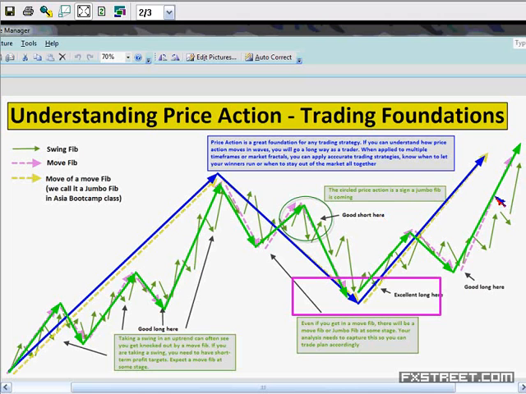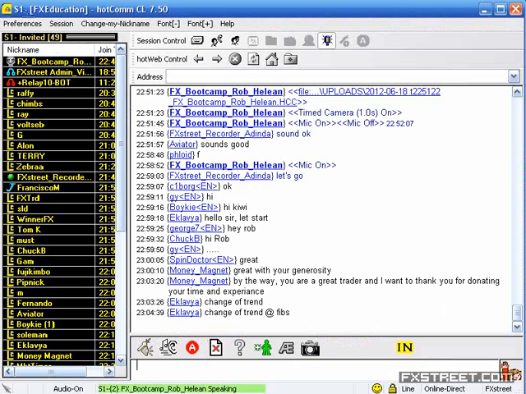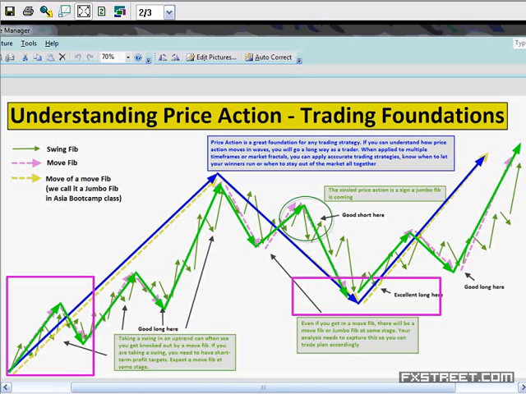Okay, so that being said, on a 4-hour swing, which we'll just highlight, this first one down here in the bottom left-hand corner, which I've now highlighted in green, what's a 15-minute going to do in the context of a 4-hour swing? It's going to be the same as a 4-hour, probably in relation to the daily, but a move fib down there.